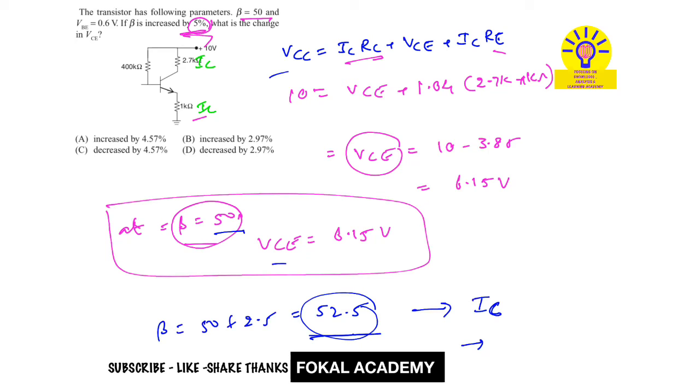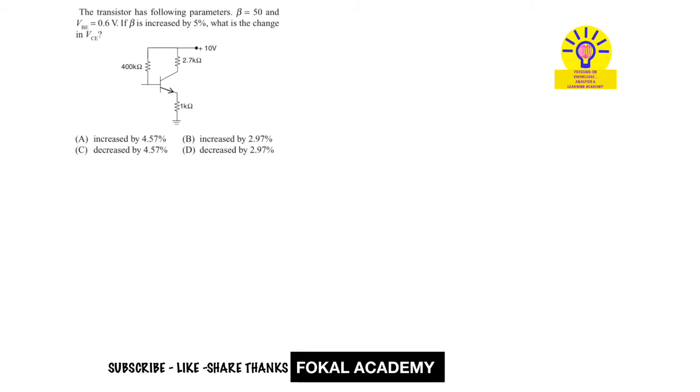Then we get the new VCE value. We know that in this loop, IC equals beta into (VCC minus VBE) divided by (RB plus beta RE). Now substitute here to get the IC value.